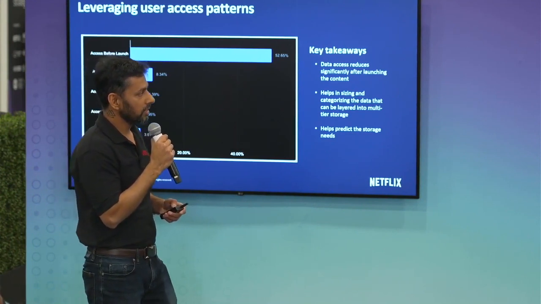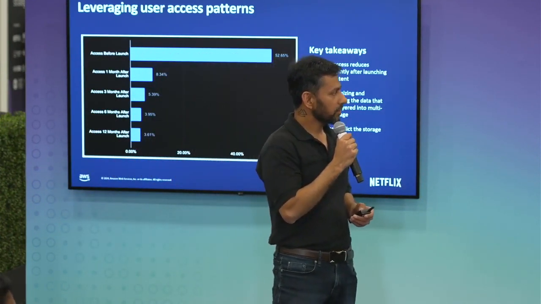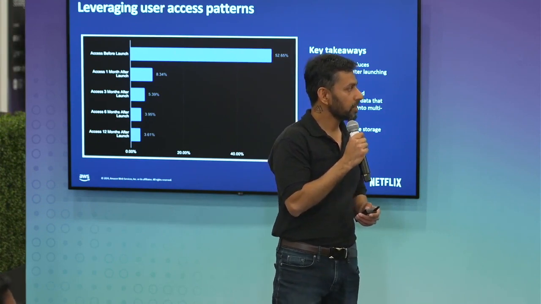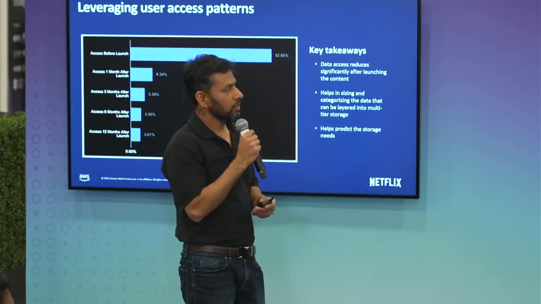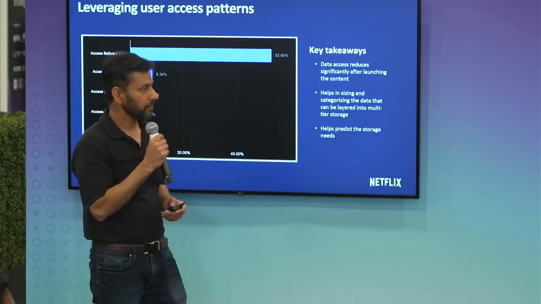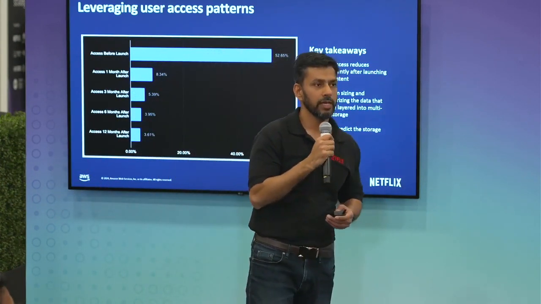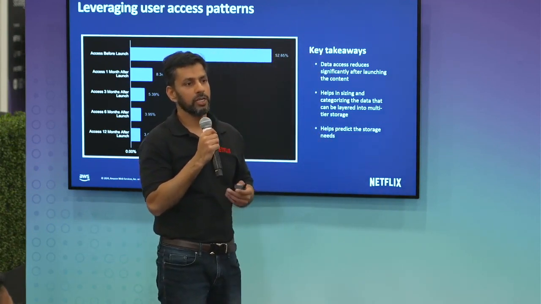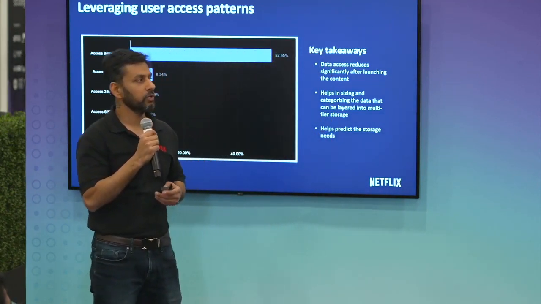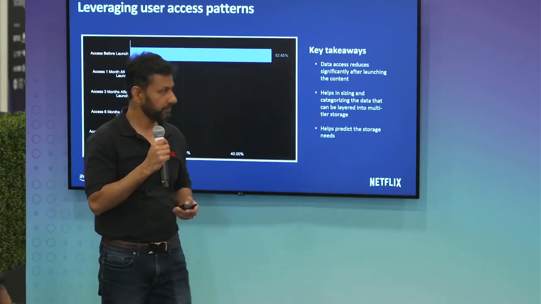So you will see that after 1 month, the user access gets down to about 8%, 5%, and so on. So a lot of data doesn't get accessed immediately after the launch. And these stats help us in categorizing our data, like what data needs to be in the active tier versus what data needs to be in a low cost effective tier.